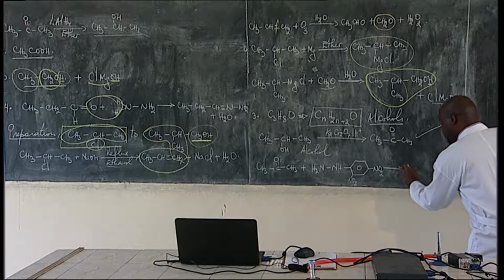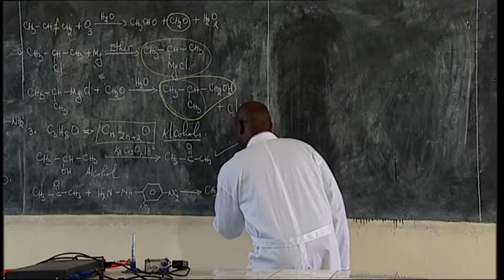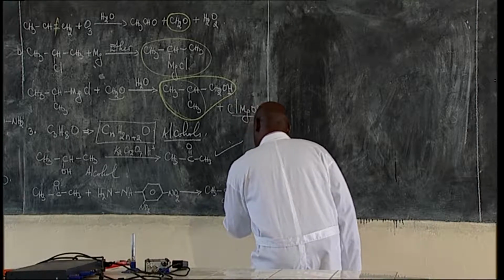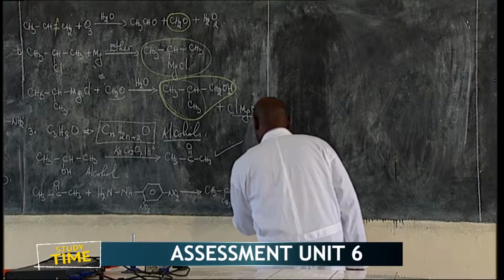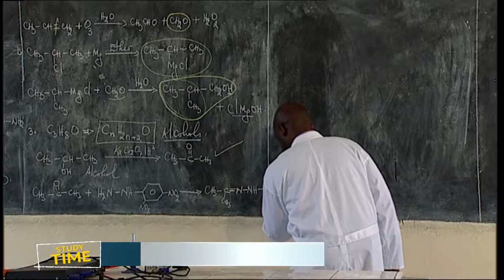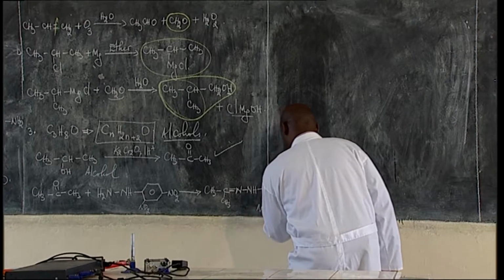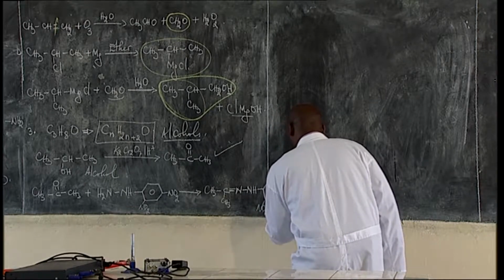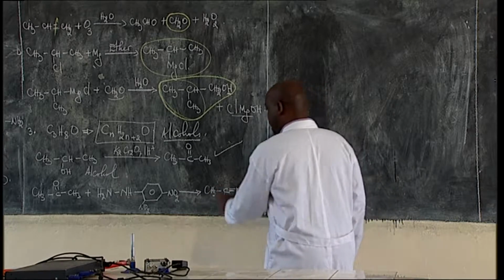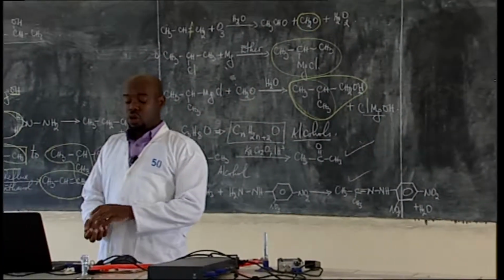We produce CH3CCH3, with a double bond to the nitrogen, then NH and our ring with NO2 and NO2, plus H2O. This is the product we get. So we have the equations. Okay? Now we go to the next exercise.